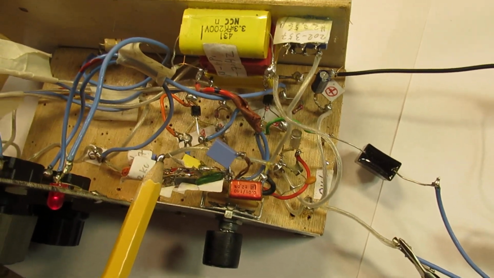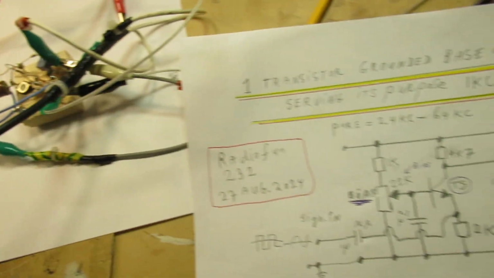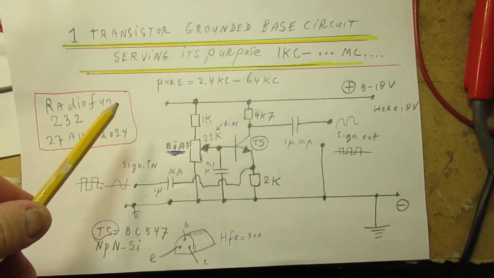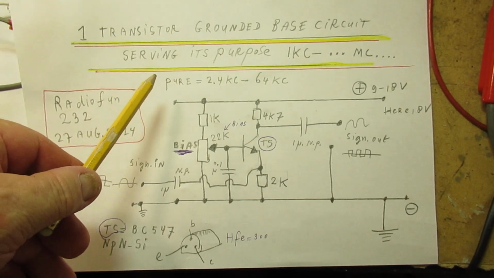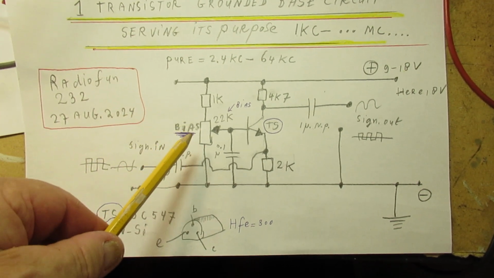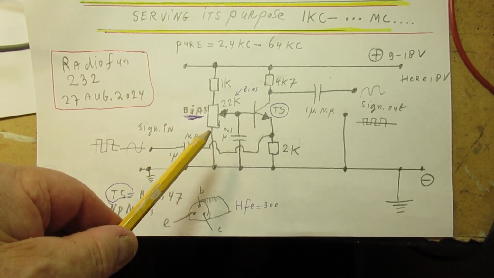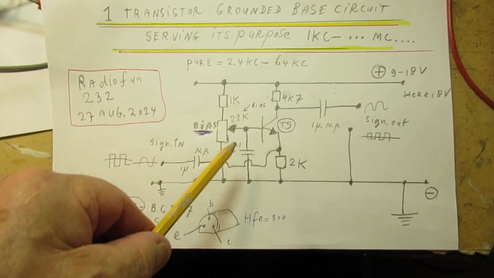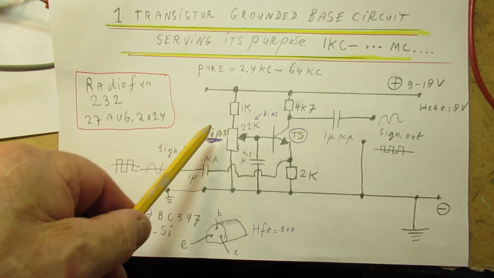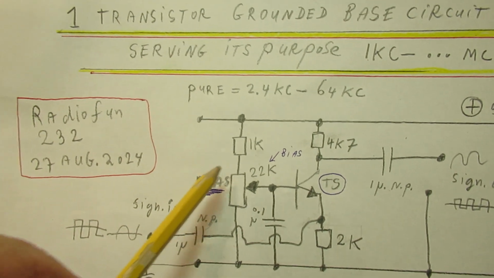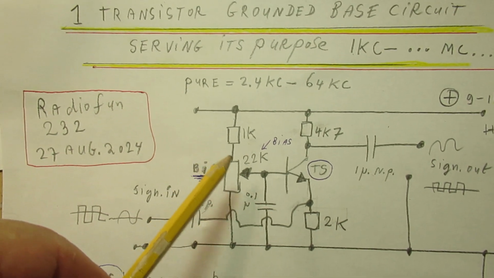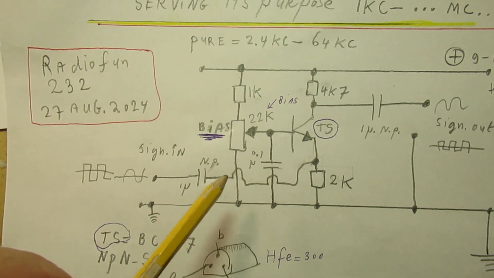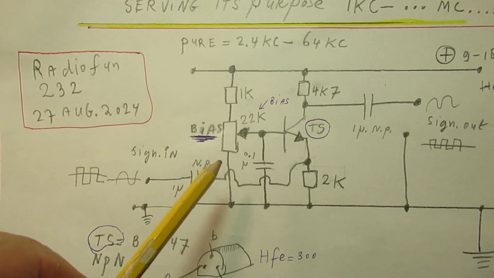Well, let me show, by the way, the very importance of biasing the grounded base circuit. The biasing of a grounded emitter circuit is also very important. You will surely see when you change the value of this potentiometer, it biases the transistor, and the properties of the waveform change.